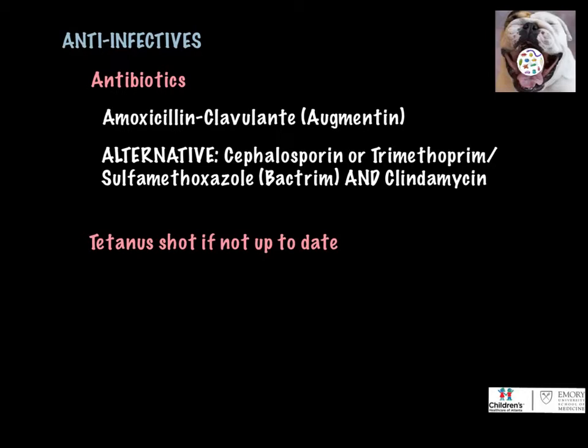In addition, a tetanus booster should be given if the child is not up to date for tetanus immunizations. Can you think of any other infectious agent you would be worried about? Yes, rabies! When should you be concerned about rabies? Most of the cases that you will have to think about this are with unprovoked attacks by dogs.